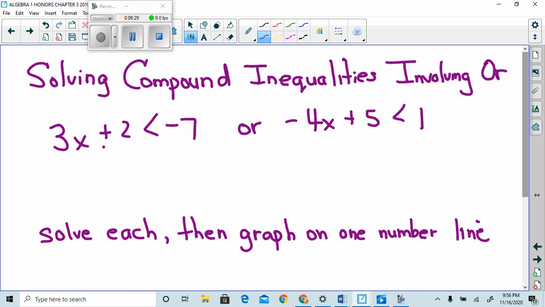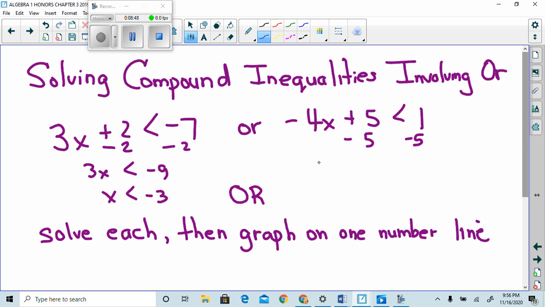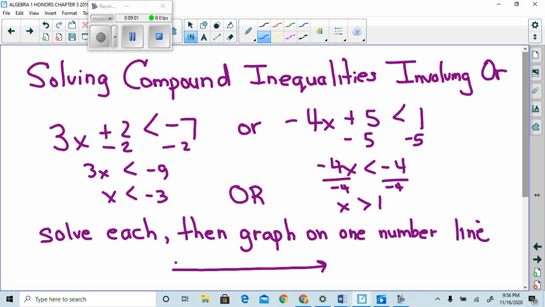We start off with these as two steps, so we'll subtract. We get 3x is less than -9, so x is less than -3. Or, I have to put that word or in my solution. I'll subtract 5. I get -4x is less than -4. Divide by -4. I get x is greater than 1. I reversed my inequality symbol because I divided by a negative.